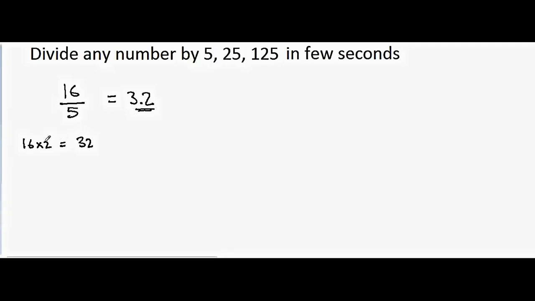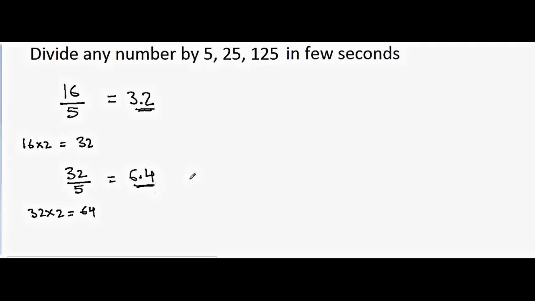What I did is I just doubled the number, and then I put a decimal after one digit on the right. Again, suppose I have 32 and I want to divide it by 5. The answer will be 32 times 2, which is 64, and then I put a decimal after one digit, so 6.4.